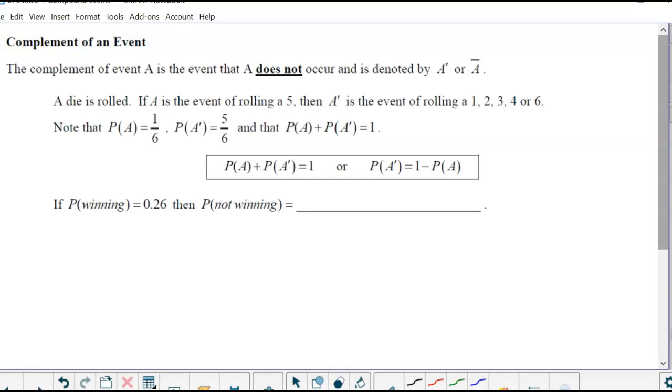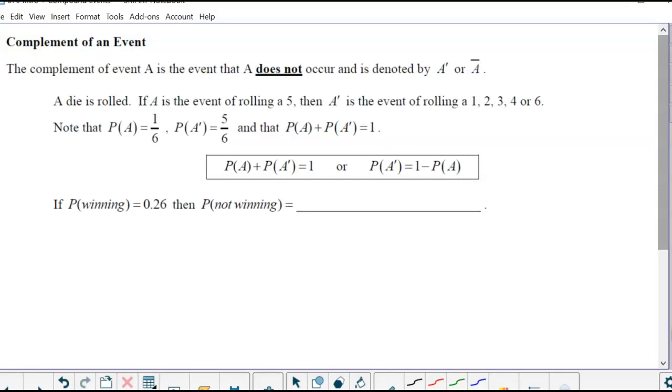That means the complement. So here's an example. A die is rolled. If A is the event of rolling a 5, then A prime is the event of rolling a 1, 2, 3, 4, or 6. Basically every other possible outcome in the sample set. That's the complement. So the probability of A rolling a 5 is 1/6, so the complement probability will be 5/6.